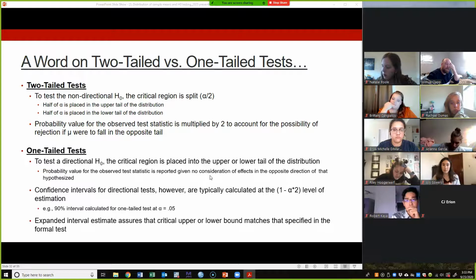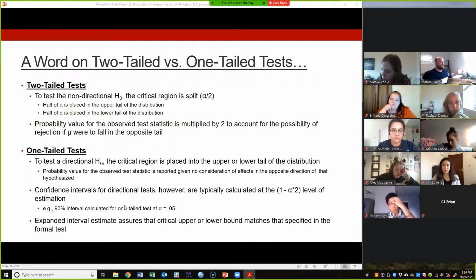And so if I do that, it changes my critical value, and it's pretty easy to do in terms of tests. The problem, though, is in calculating my confidence intervals, right? Because my confidence interval has an upper and lower bound. And if I want to only look at the upper bound, I can't just calculate a confidence interval like I normally would, because that's going to take half in the top, half in the bottom.